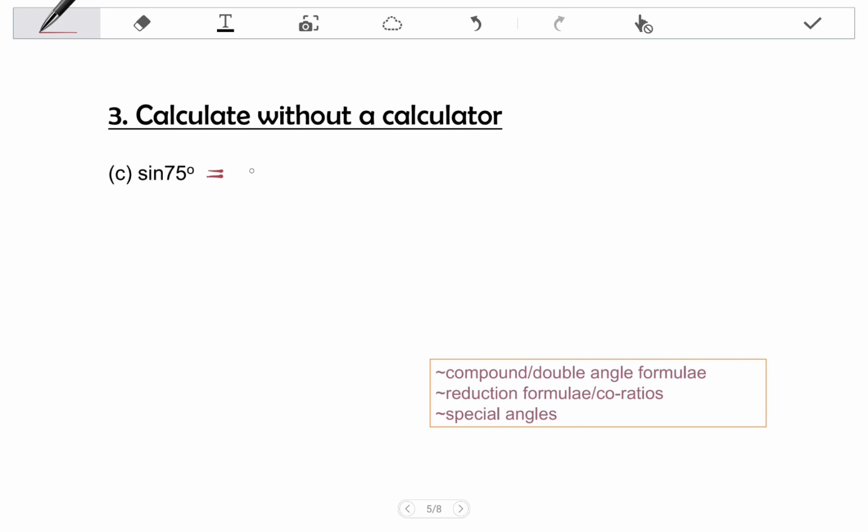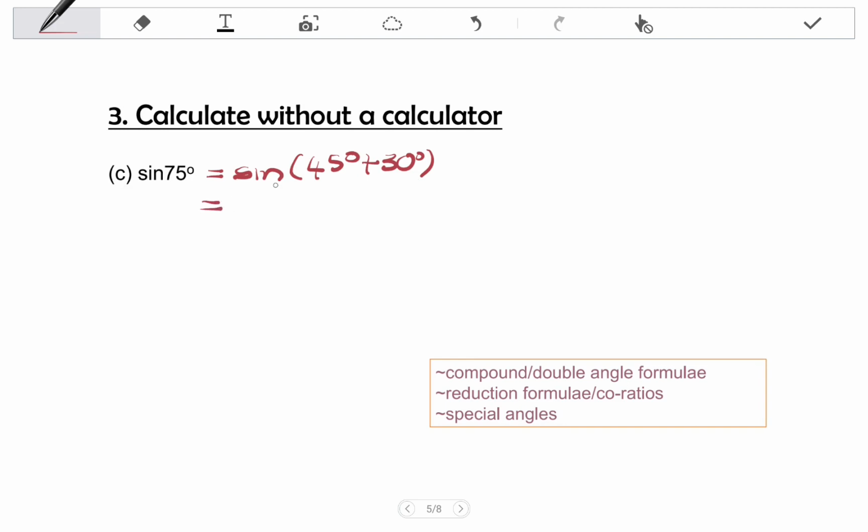Now 75 is the sum of 45 degrees plus 30, 45 and 30 both being special angles. This is a compound angle. We can use our compound angle formulae to expand this.